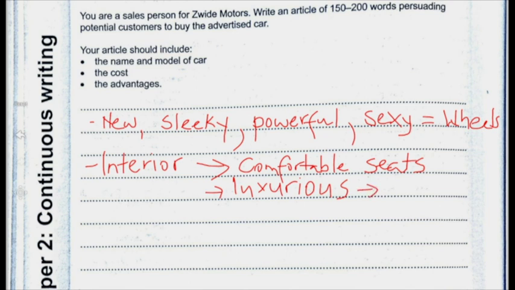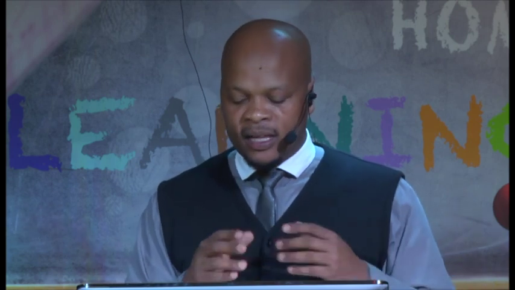It could be the dashboard or the display, or a fancy display that has probably gesture control and sleek, whatever, or so many words that you can use in trying to describe the interior of the car, and also the beauty that is there, and also the handling of the steering wheel. You don't necessarily need to be an engineer or someone who's a specialist in motor vehicles. No, you can just use those adjectives that you know, that you feel can be appealing to the reader.